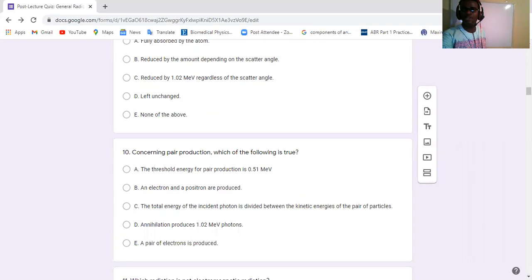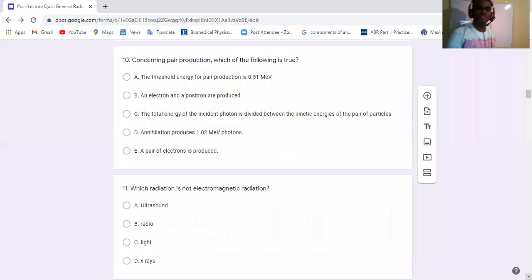It's left unchanged. Concerning pair production, which of the following is true? You don't have a problem with this.